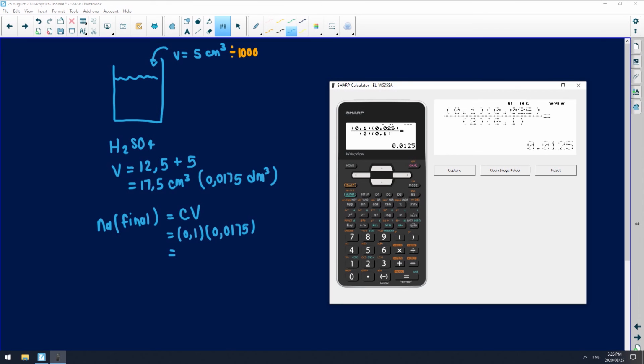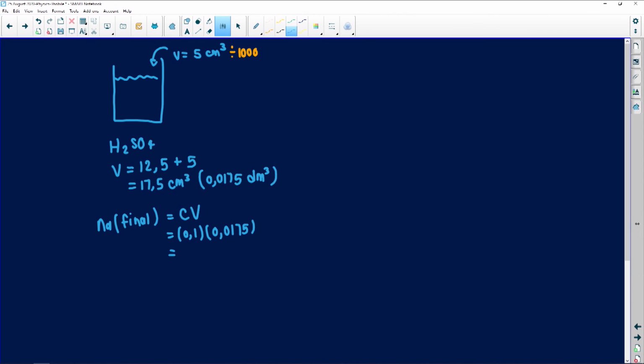Okay, that I can't do in my head. So I'm going to say 0.1 multiplied by 0.0175, equal, there we are. So I've got 0.00175, and that is then my moles. Remember, the SI unit for moles is mol.